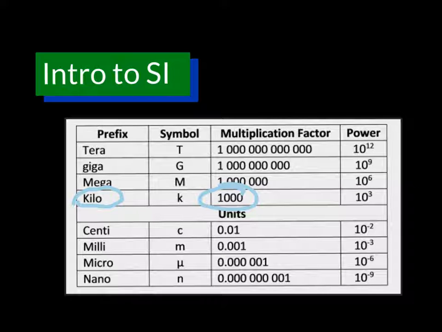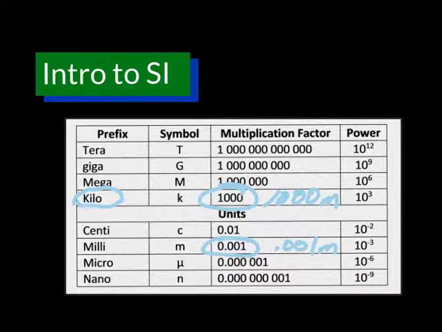So that means that 1 kilometer is equal to 1,000 meters. Similarly, a millimeter, or milli, has a multiplication factor of 0.001. So that means that 1 millimeter is 0.001 of a meter.